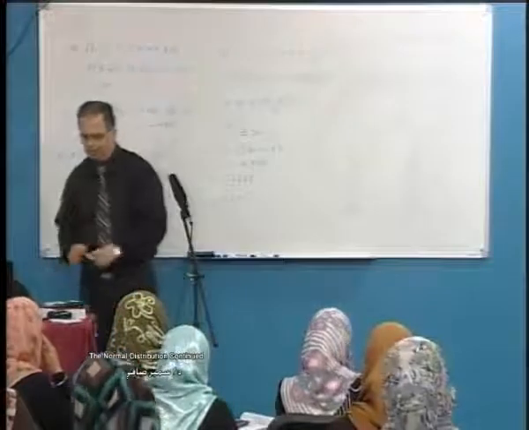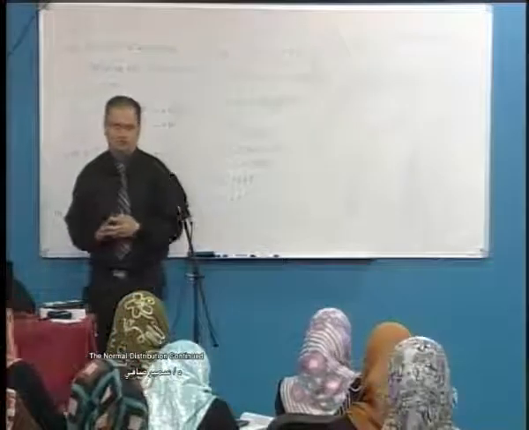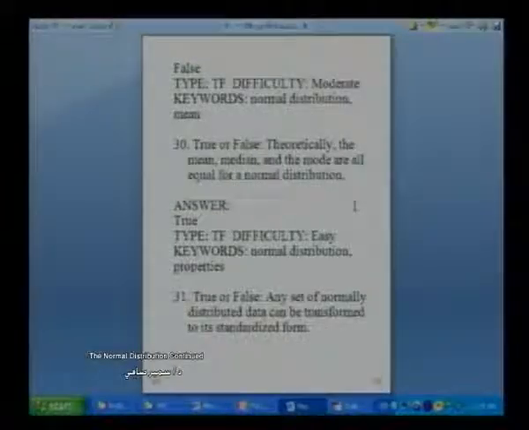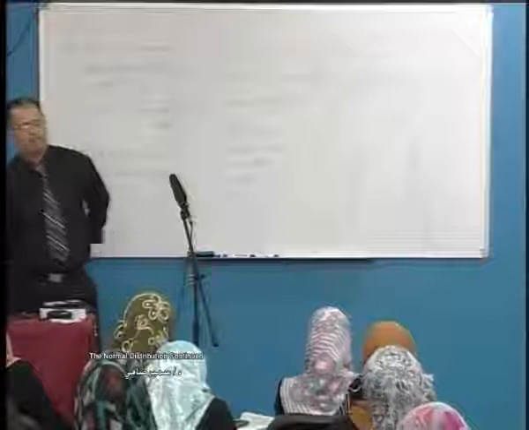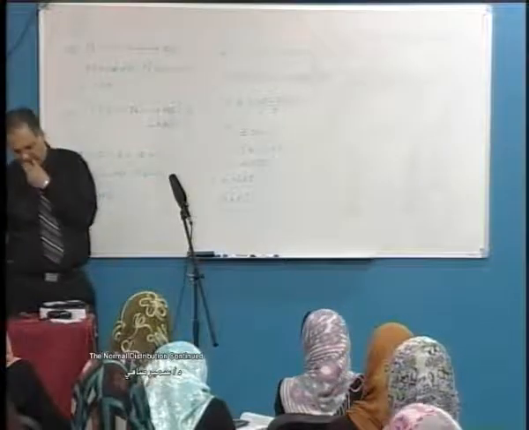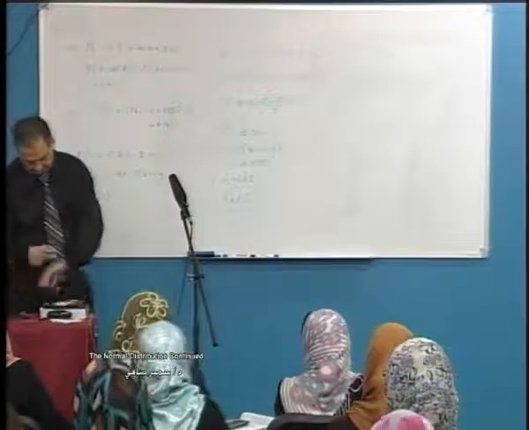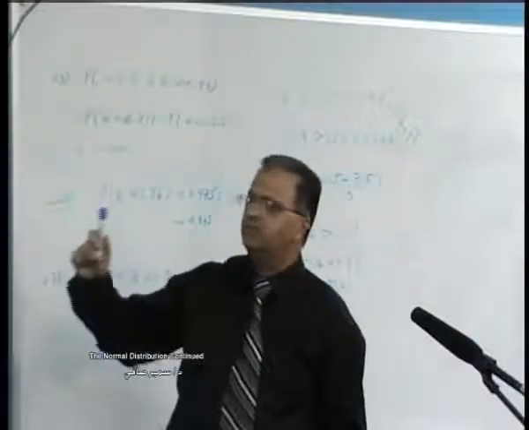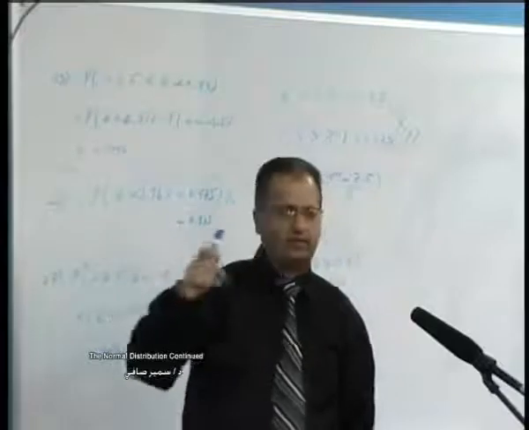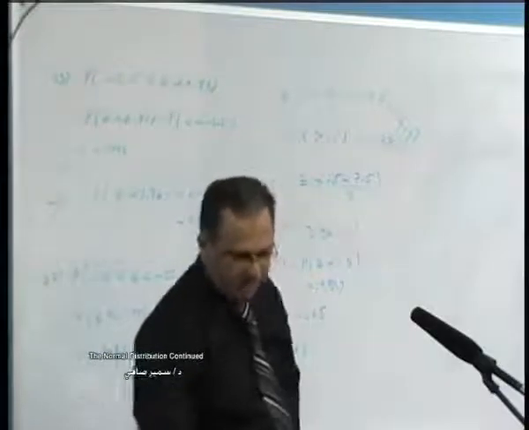Now 31. Any set of normally distributed data can be transformed to its standardized form. True or false? It says that any set of normally distributed data can be transformed. That's true.